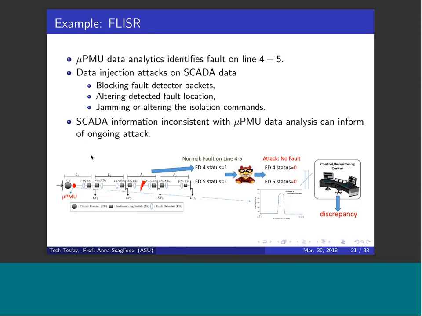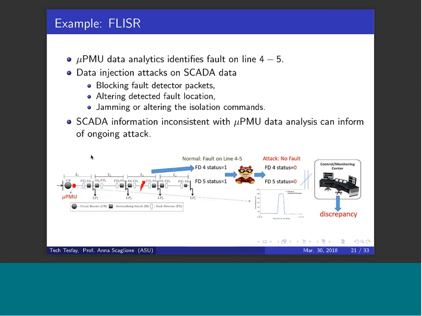So we are looking for any possible mismatch between the two sets of measurements. If it's a reconnaissance attack, it's good for the utility to know ahead that there is a malicious activity going on. And if it's an actual, active attack that's going on, that's another advantage: to know it using the more refined information to come up with an incident response mechanism.